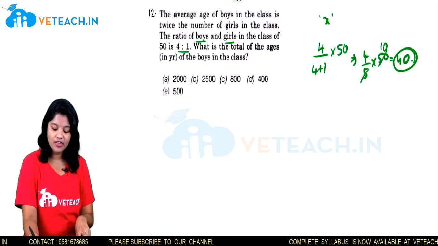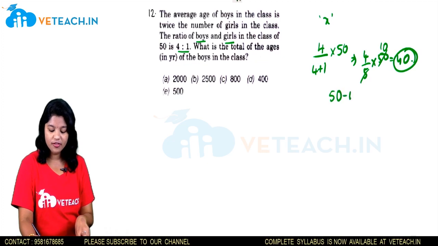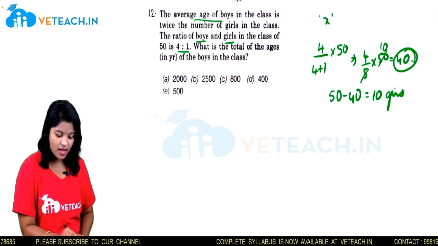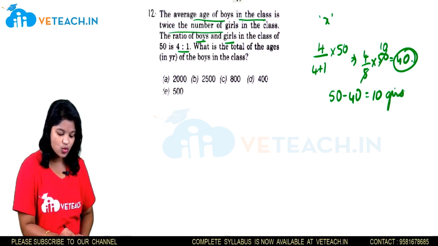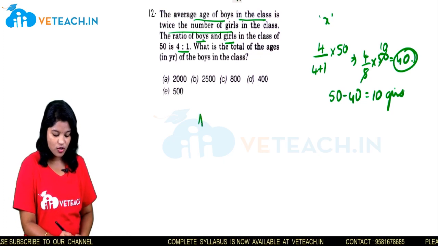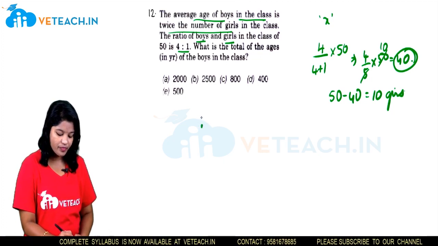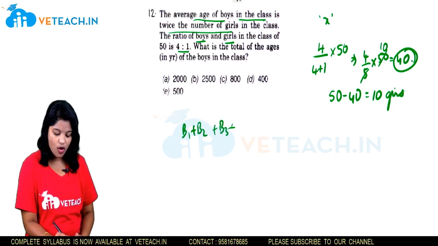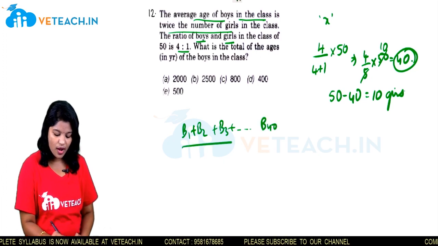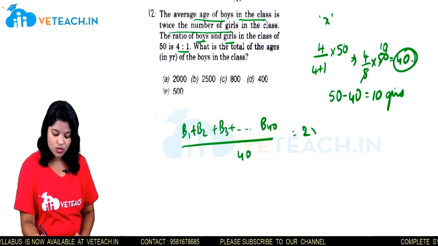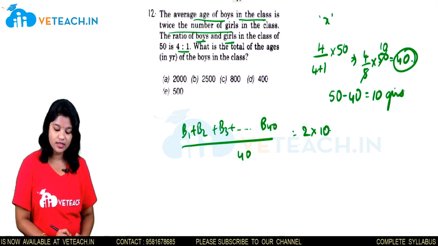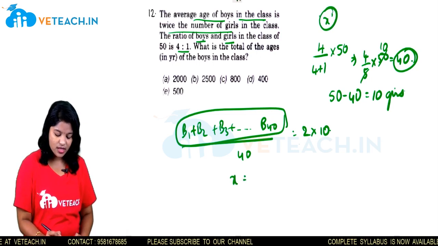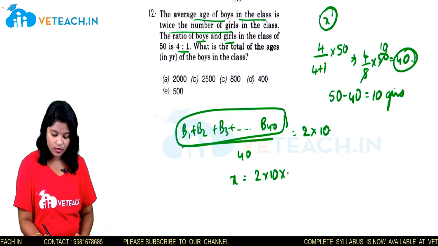So in total we are having 40 boys. So out of 50, if there are 40 boys, we will be having 10 girls. Now here they have given the average of boys in the class is twice the number of girls. So average of boys means let the sum of boys be B1 plus B2 plus B3 and so on up to 40 boys, divided by 40, is equal to 2 times the number of girls, that is 2 into X. So the sum of all boys is treated as X. So X is equal to 2 into 10 into 40.